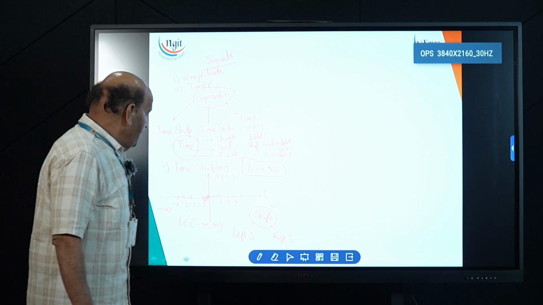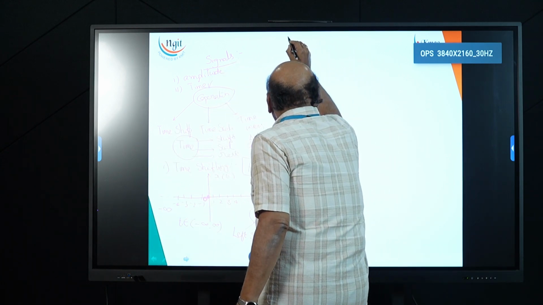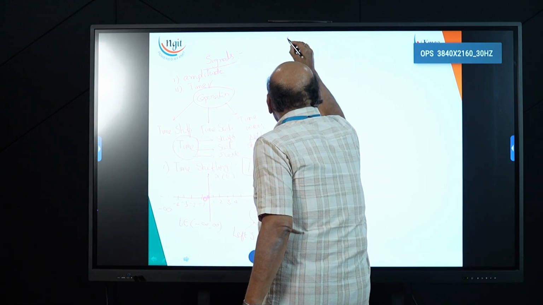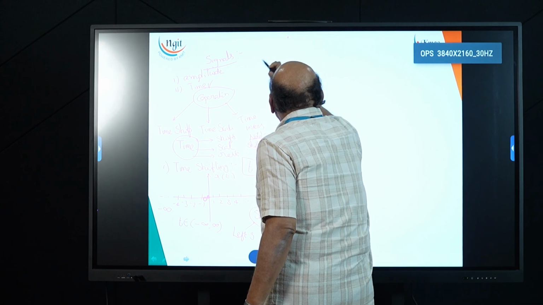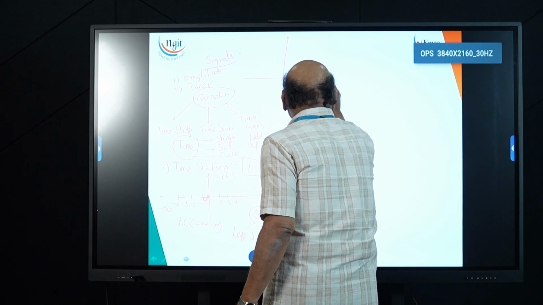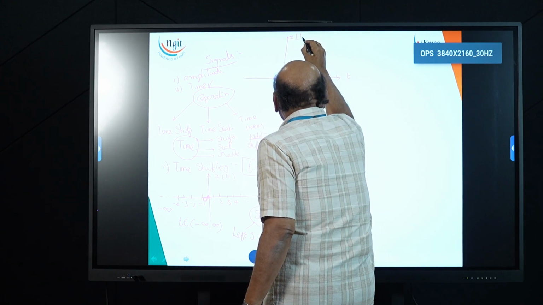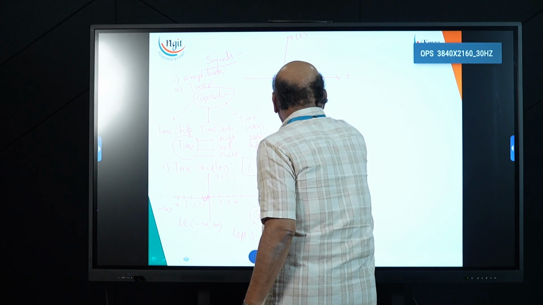Now just look at, we are going to the shifting property. There is a graph. This is t. This is x of t, 0.